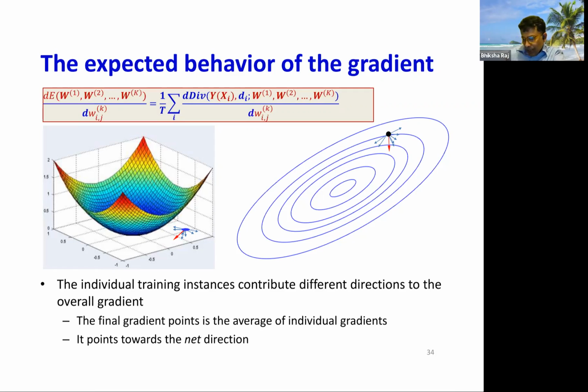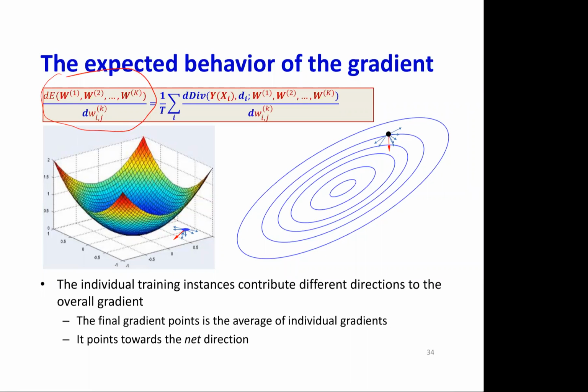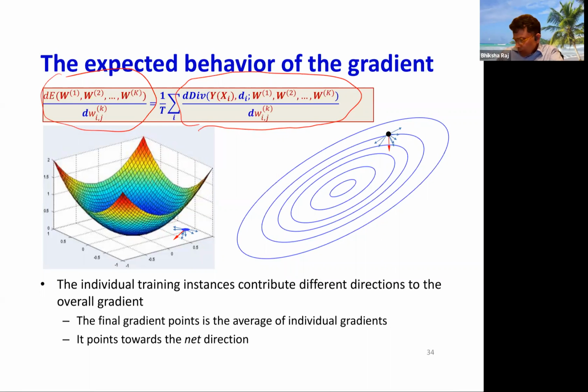Each training instance has its own divergence. The loss surface is the average of the loss surfaces for all of the training instances. So the gradient that we compute, the derivative that we compute, is also the average of the derivatives of the divergence for the individual training instances.